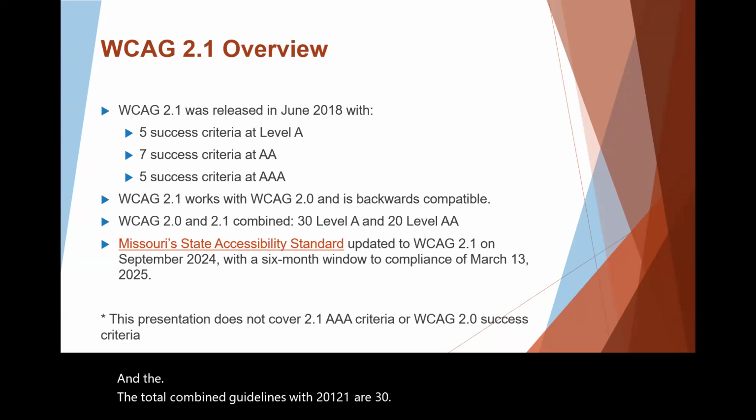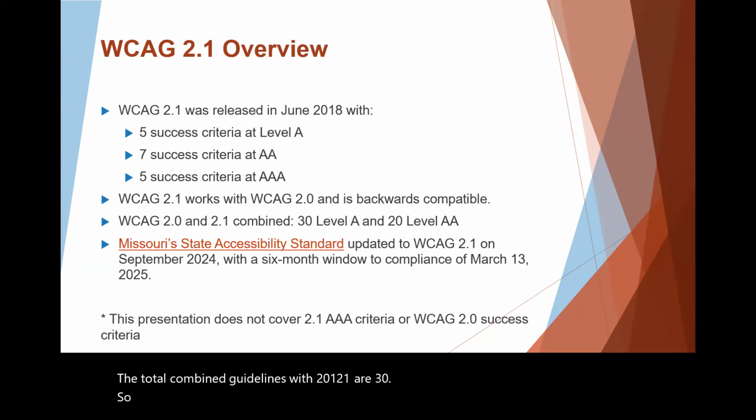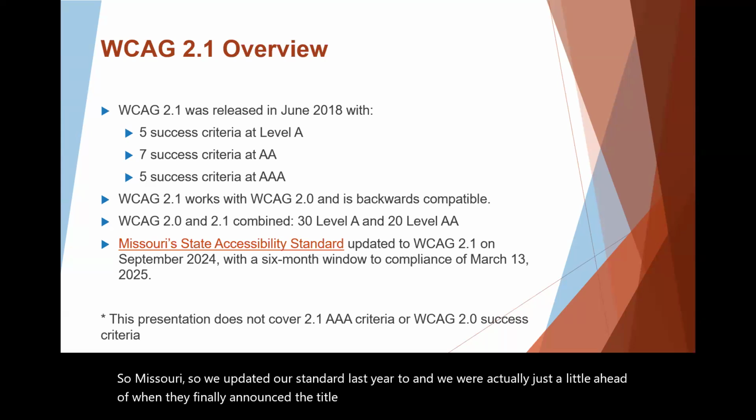So Missouri updated our standard last year and we were actually just a little ahead of when they finally announced the Title II update. We had already planned on going to 2.1, so we were right in alignment with that. So that was helpful.